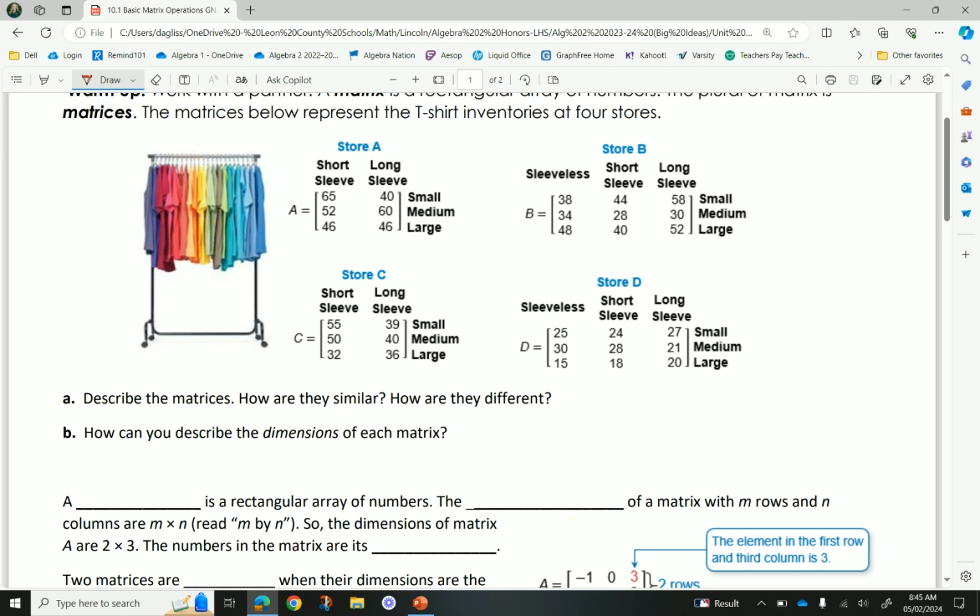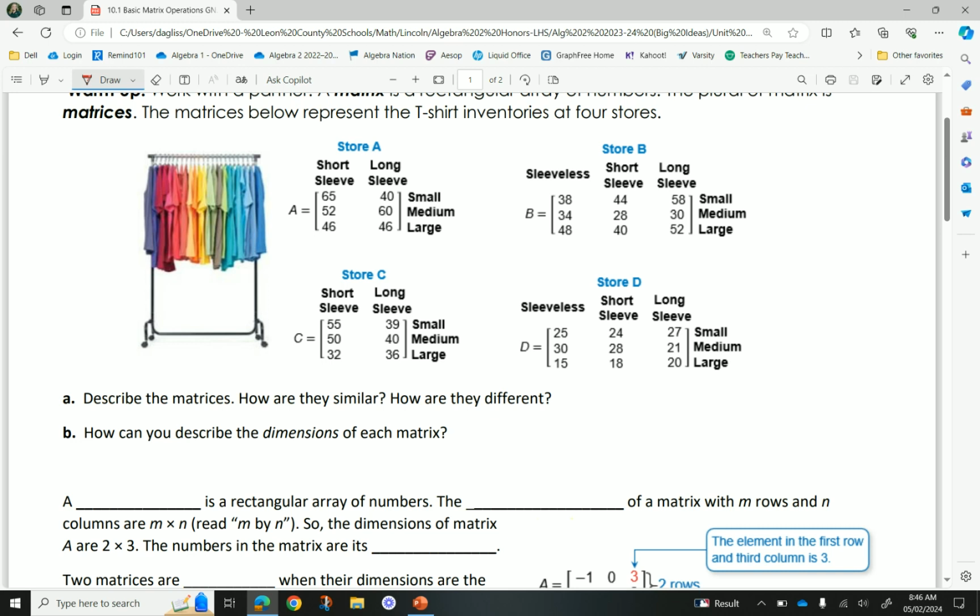Right? So, looking at the small, medium, large, how would you categorize that? What word would you give that? They all have the same what? Yes. But if we're talking about the dimension, what part of the dimension would those be? Okay, length and width.